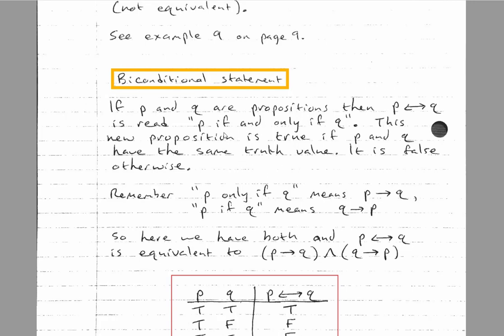And we can understand this if and only if. So remember, P only if Q, that's the same as just the implication P implies Q. P if Q, that's the implication, if Q then P, that's Q implies P. Okay, so you can see P if and only if Q means arrows going in both directions.